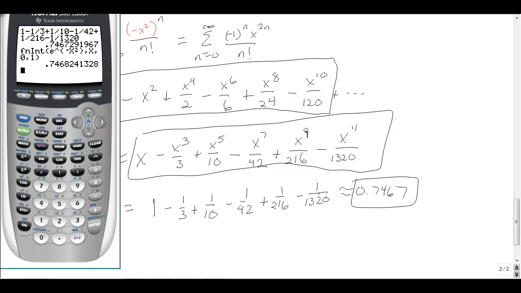If you subtract 0.7467291967 from 0.7468241328, you get an answer that's something times 10 to the negative 5th. We just wanted something less than 1/1000th, and that satisfies it. So, assuming the calculator approximation is correct, or at least close, we did get the answer we were looking for.